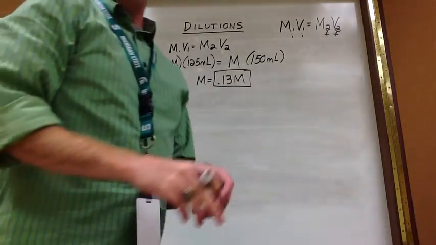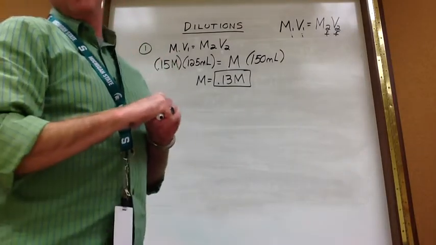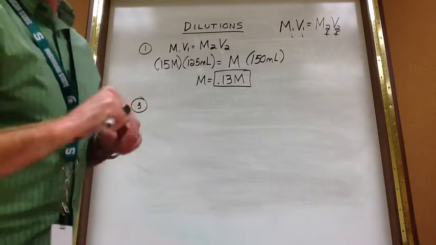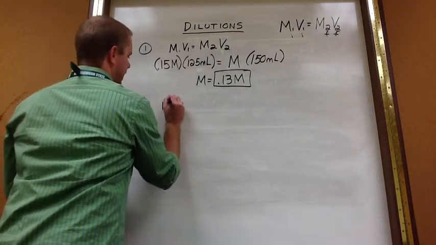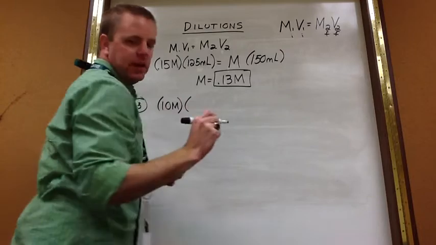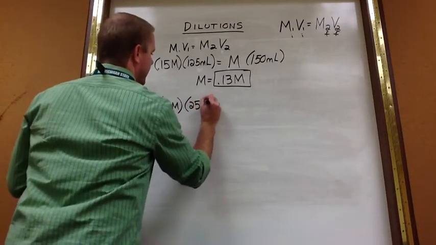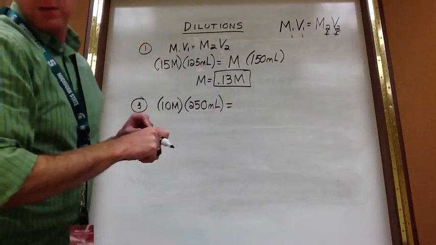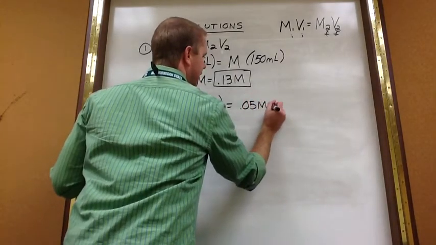Number 3 said, okay, well, how much 0.05 molar HCl solution can be made by diluting 250 milliliters of 10 molar hydrochloric acid? So here we have 10 molar. And originally you had how much of it? 250 milliliters of it. And it says how much of 0.05 molar can I make?